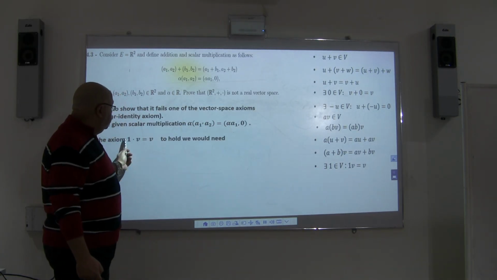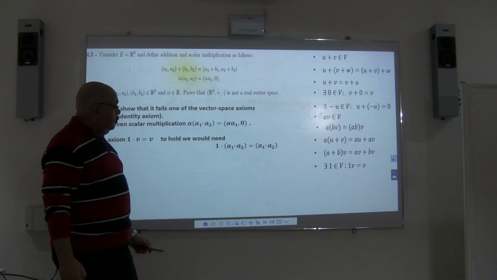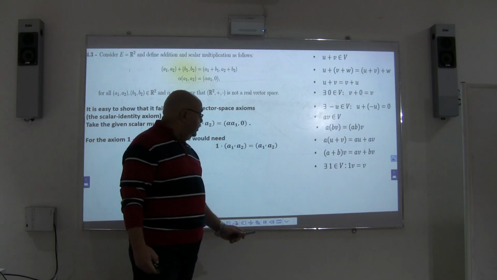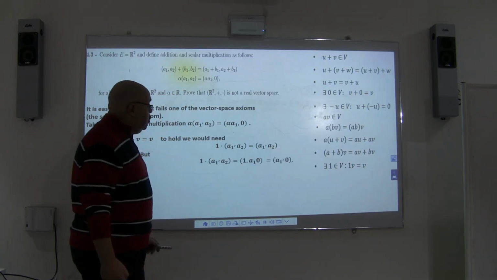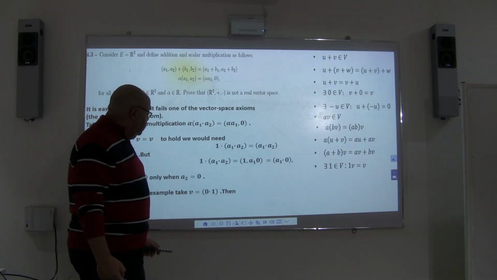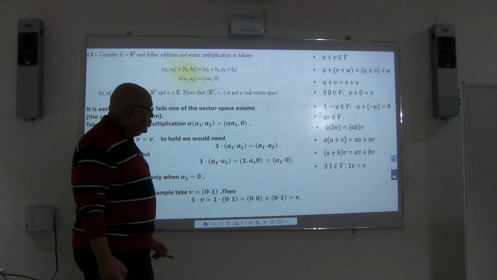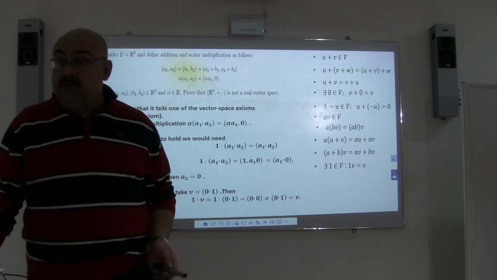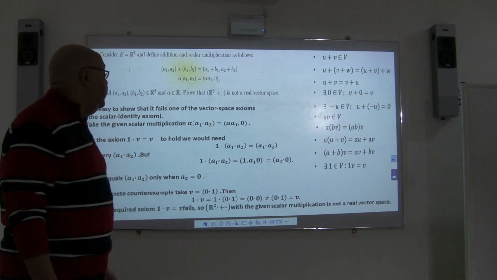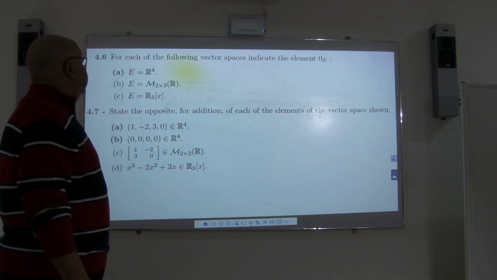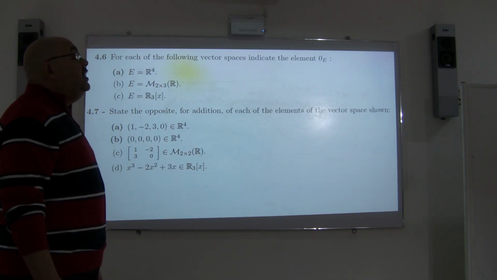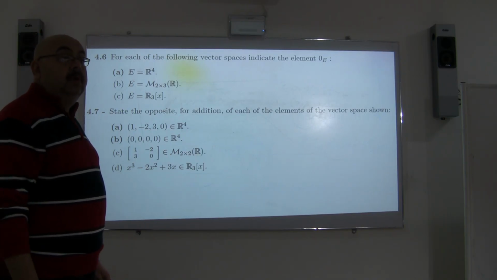And so if you choose 1, as I told you, instead of having A1 and A2, you will have A1 and 0, which means it's not equal to the original value. So that means it's failing to get the main vector that you are using, and so it's a failure in this subvector space.